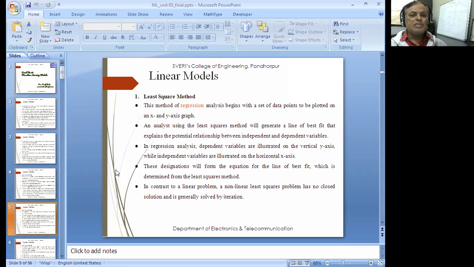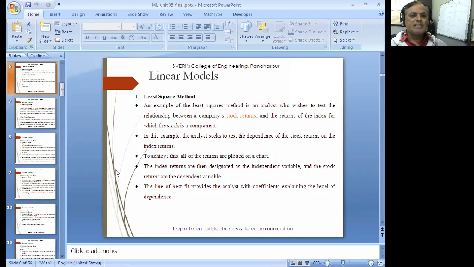This is the method of regression analysis, where a set of data points is plotted on an x and y axis graph. The analysis explains the potential relationship between independent and dependent variables, and the designations will form the equation for the line of best fit.